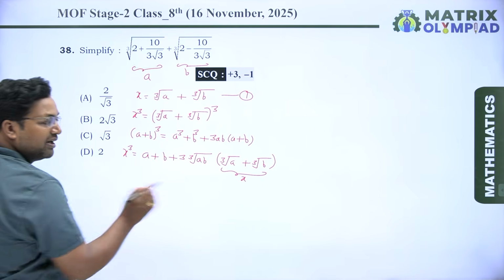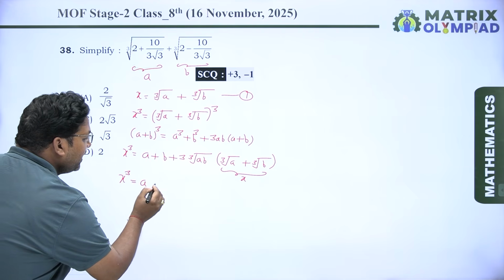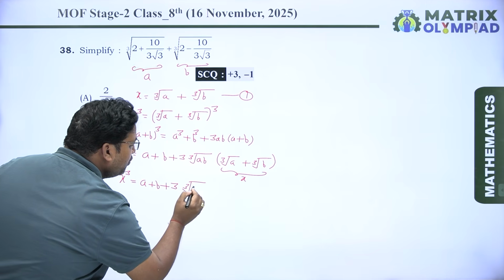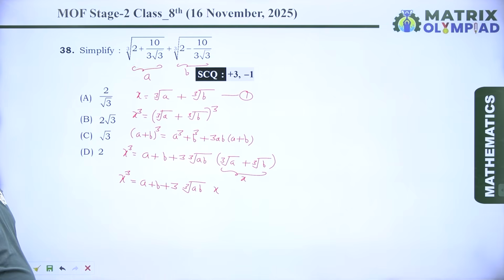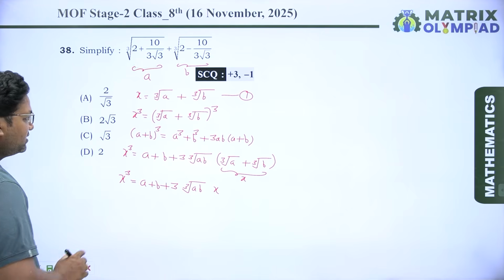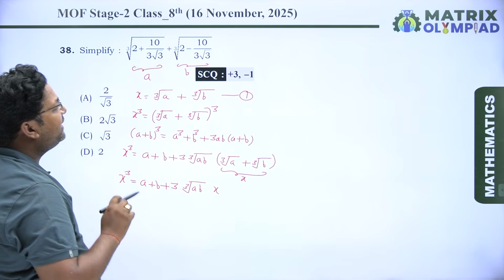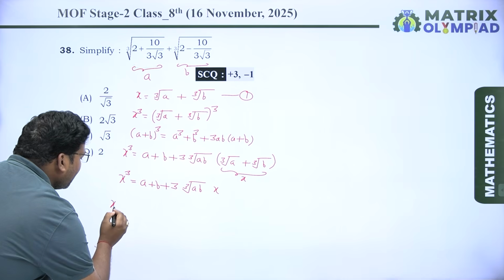So I have to put this value as x. Now this equation becomes x cube equal to A plus B plus 3 into cube root of AB into x. Now I have to substitute the values of A and B. The value of A is 2 plus 10 upon 3√3. The value of B is 2 minus 10 upon 3√3.